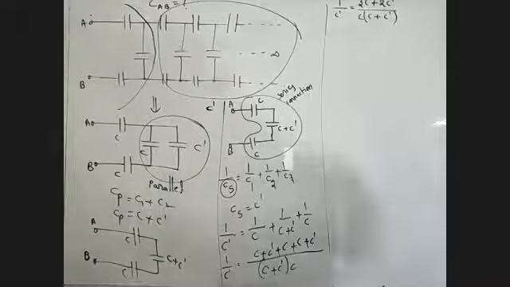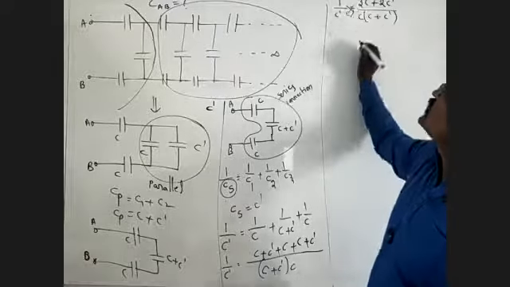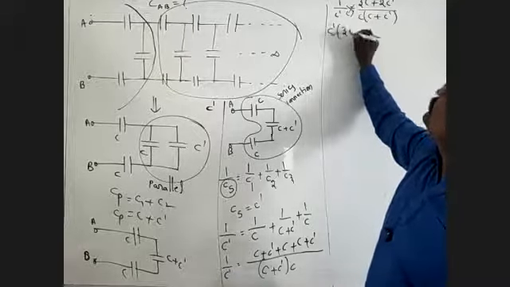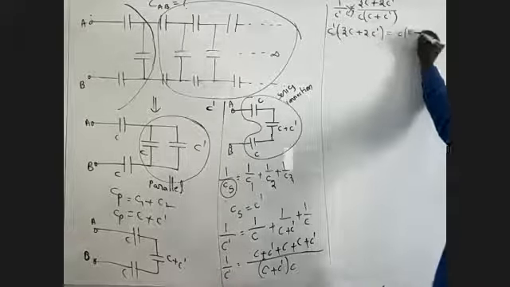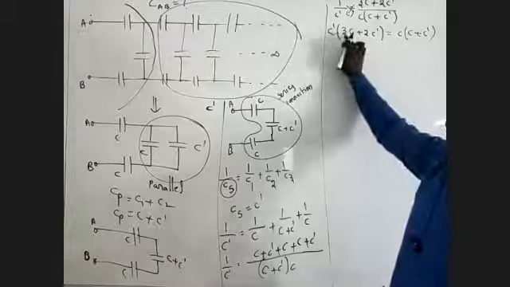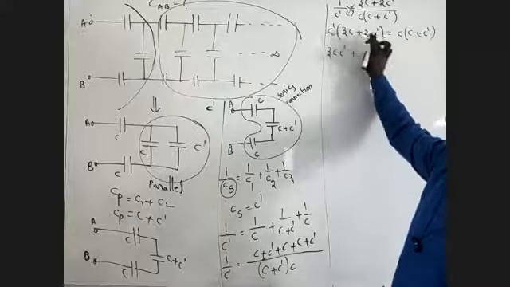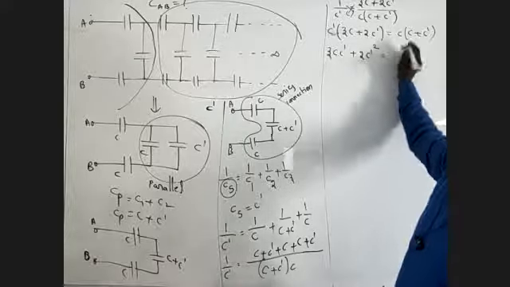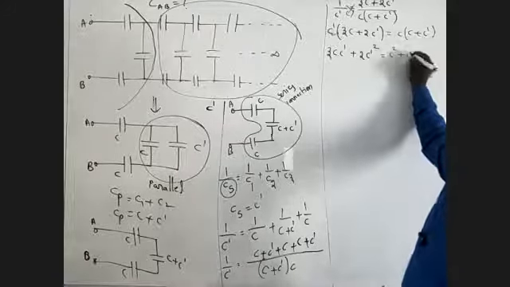Now we have to do cross multiplication: C dash into 3C plus 2C dash is equal to C into C plus C dash. C dash into 3C is 3C C dash, plus C dash into 2C dash is 2C dash square, is equal to C square plus C C dash.